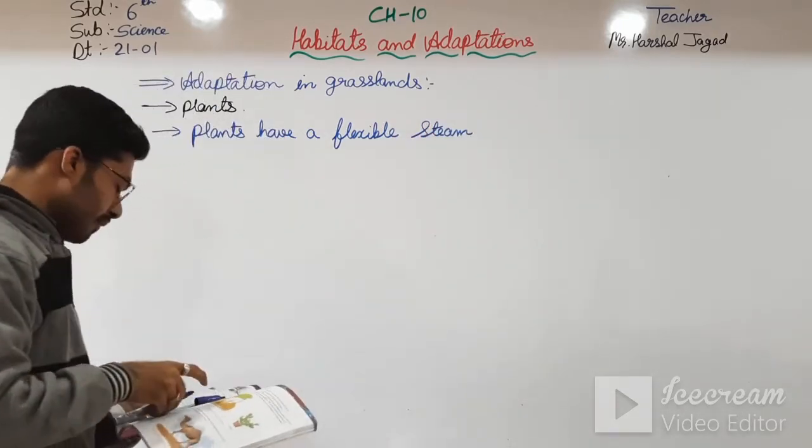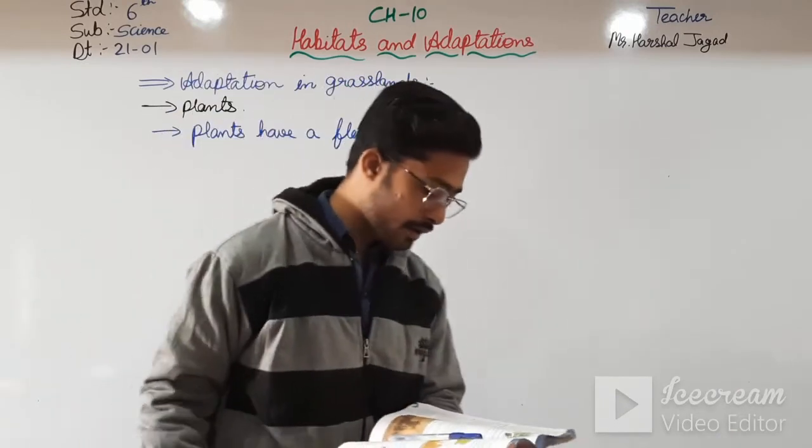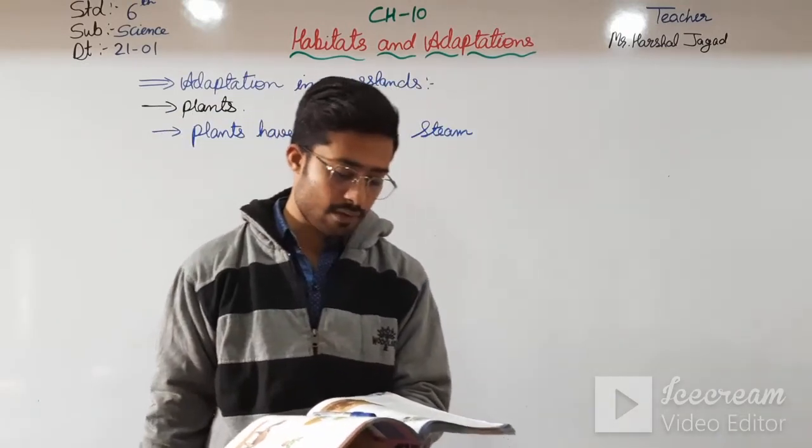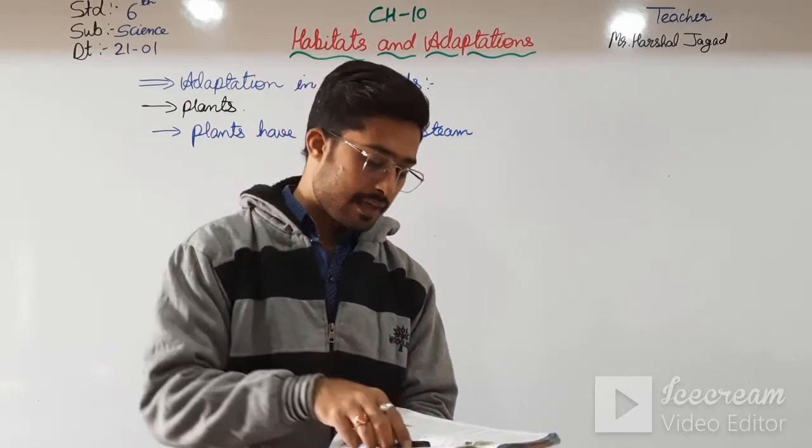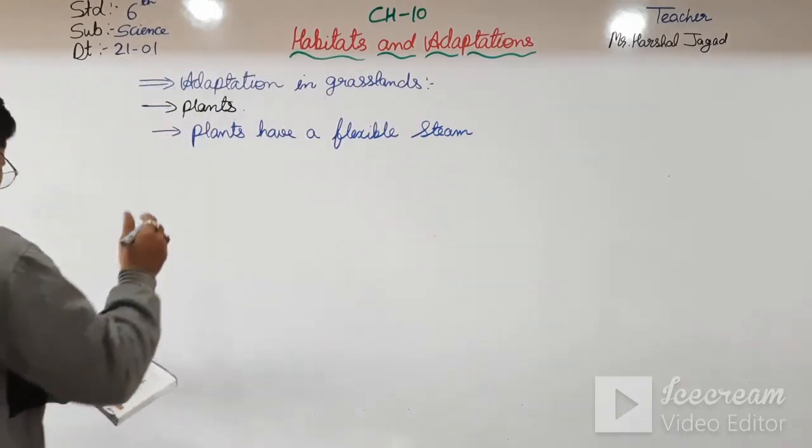Second one, that is, most grasses have narrow leaves, which reduce the loss of water during the transpiration process. Here, the grasses have narrow leaves.